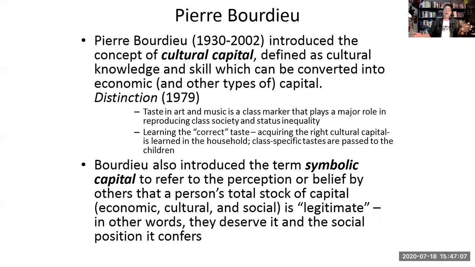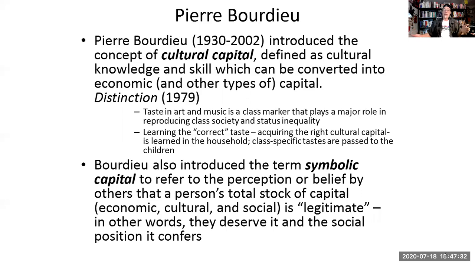Now, capital we often think of as money. For Marx, it's not really money, it's more of a social relation, but we can call it money, for instance, that's good enough. Cultural capital is your knowledge of certain cultural products and activities that act as class markers.